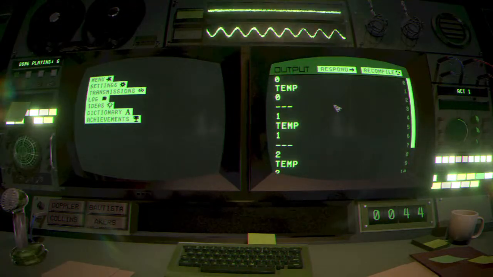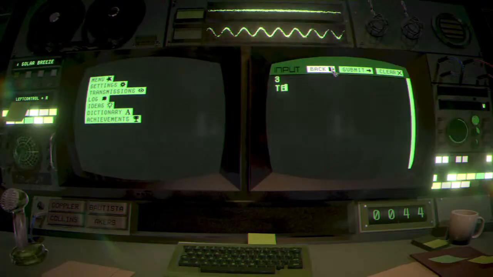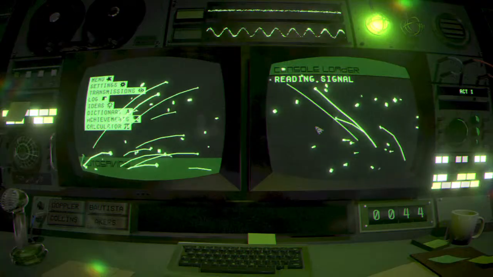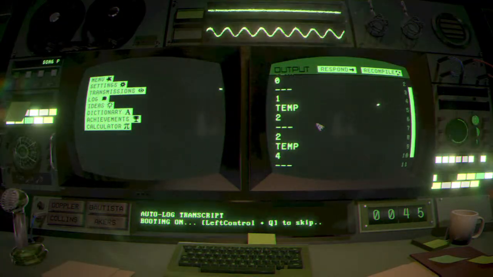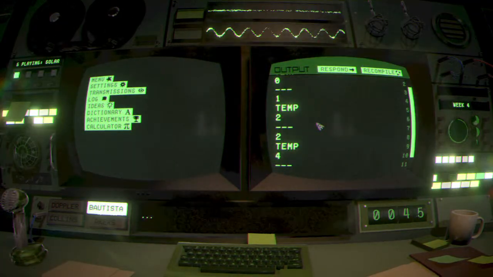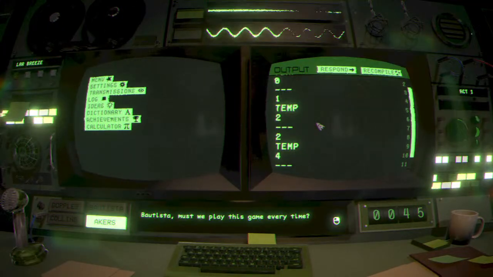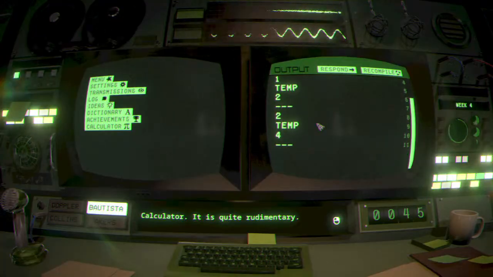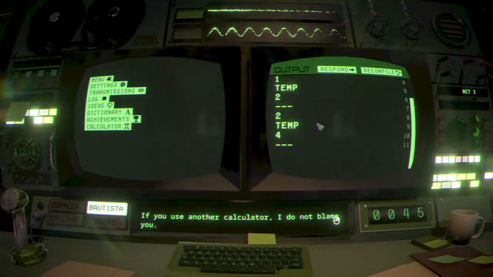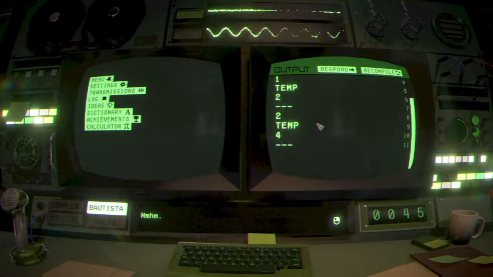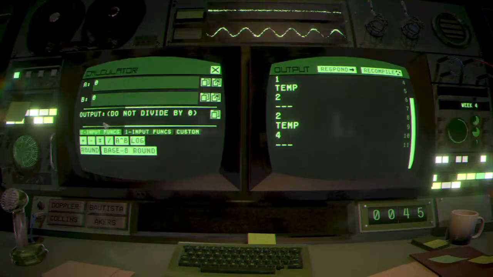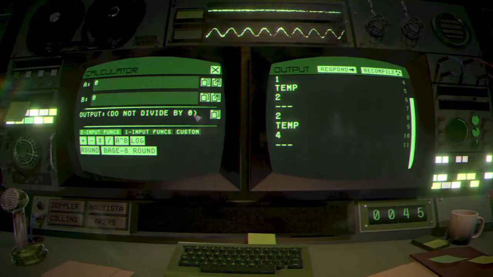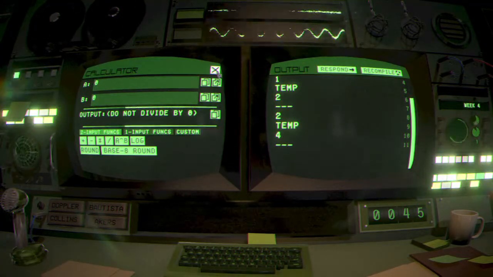Alright, so they're telling me that this is a repeat. So what's the issue? New update. Calculator. Do not divide by 0. That's like asking me to divide by 0.